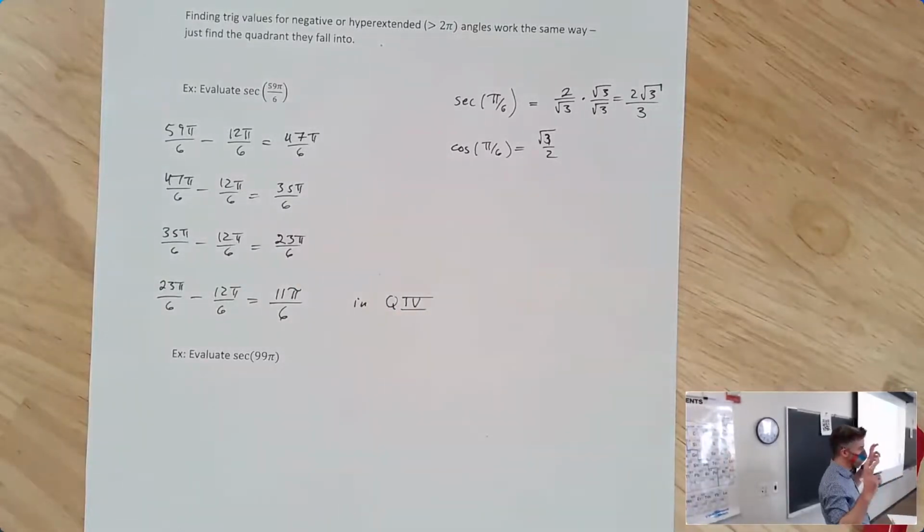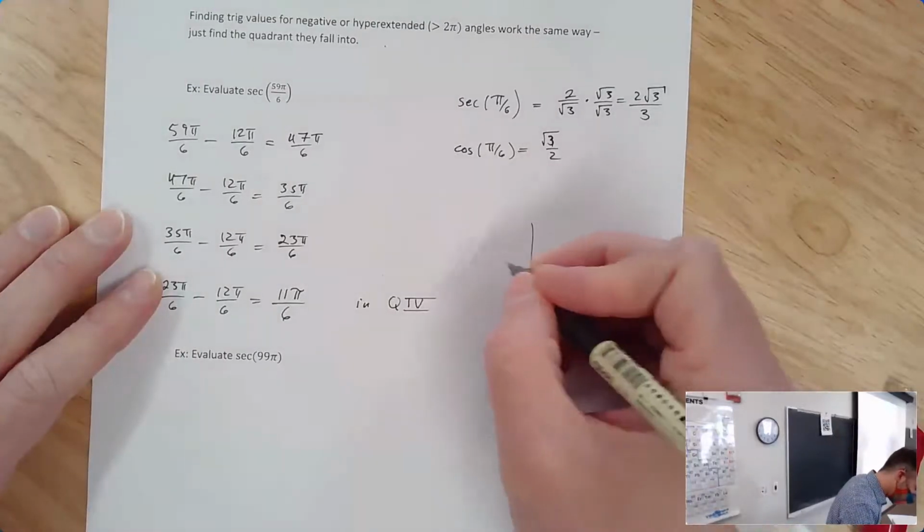The easier way, the way that requires a little bit of, I don't know, intuition or seeing a thing, is what I said in the beginning. 59 pi over 6 is almost how much? Almost 10 whole pi. And 10 whole pi is how many revolutions around the circle? 5 revolutions. But we didn't quite get that 5th revolution.